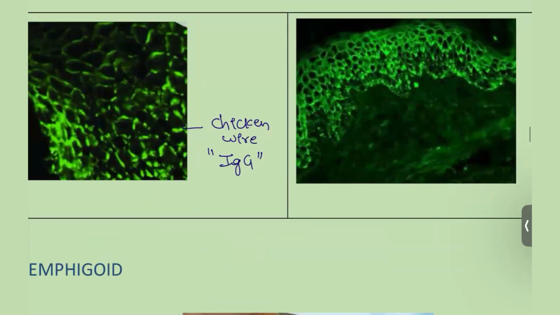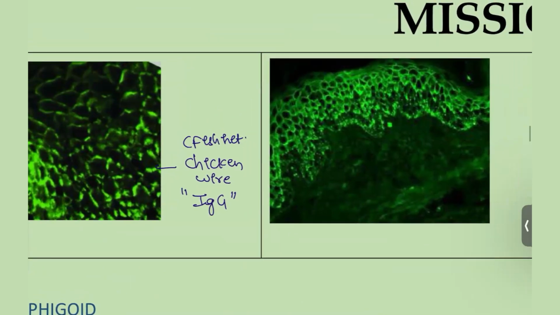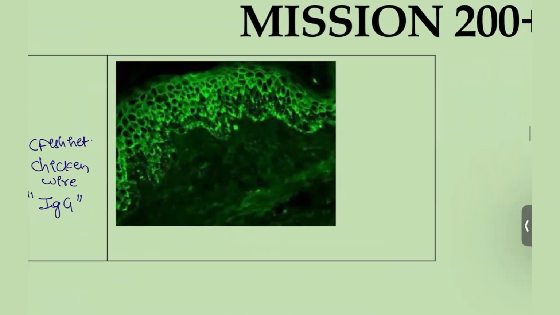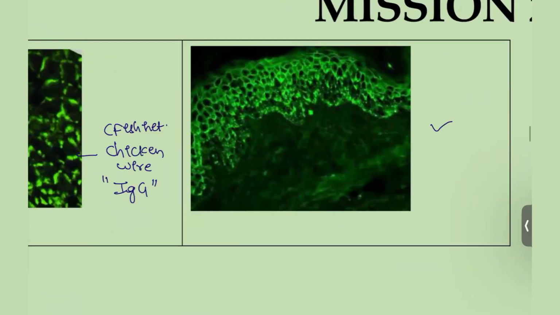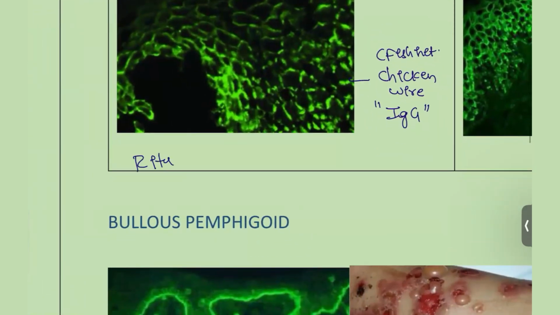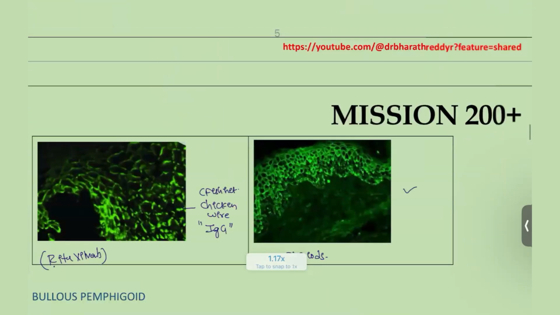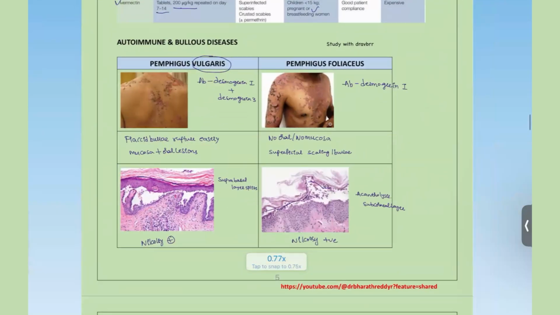Chicken wire, or we can also say fishnet appearance. The same pattern is also seen in pemphigus foliaceus. Next, the treatment: we can start this patient on rituximab, and steroids can be given. This is the main difference between pemphigus vulgaris and pemphigus foliaceus.